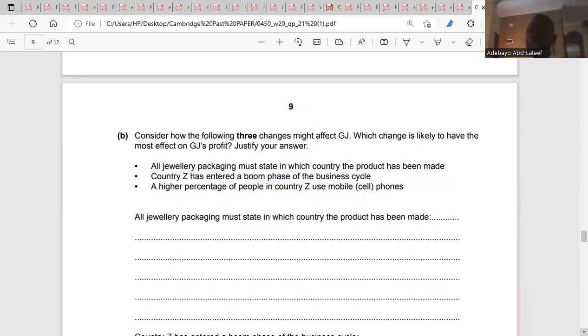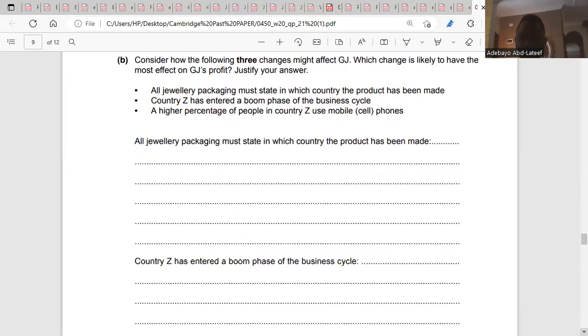So that means GJ might need to produce or use components that will attract the interest of the people. Some people might not like China products. Some people are interested in American products. Some people are interested in products from Europe and the West. So being able to state the country the product is made might increase the revenue made by GJ, if GJ is making the product in countries that attract the interest of the customers. Clear.